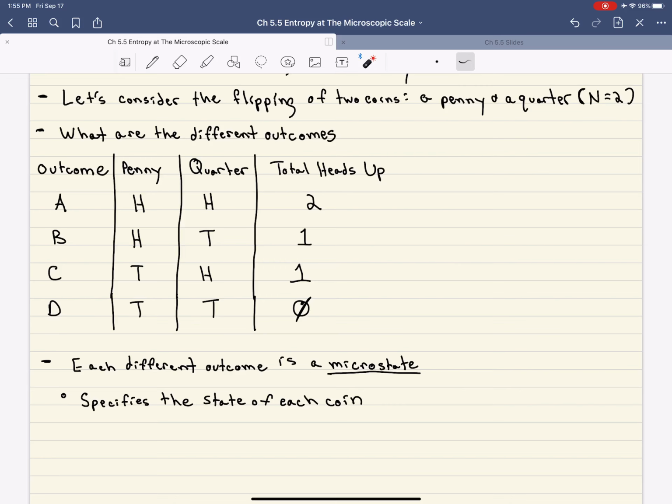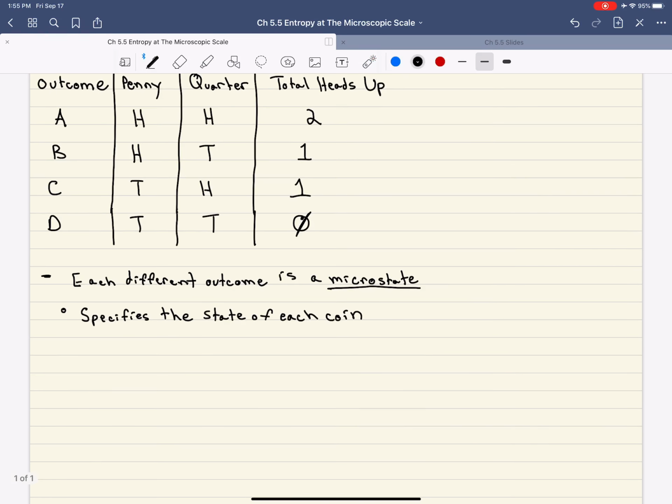And so microstate A, both the penny and the quarter are face up. Microstate B, only the penny is heads up. Microstate C, only the quarter is heads up. And microstate D, both the penny and the quarter are face down. That's what the microstate refers to.